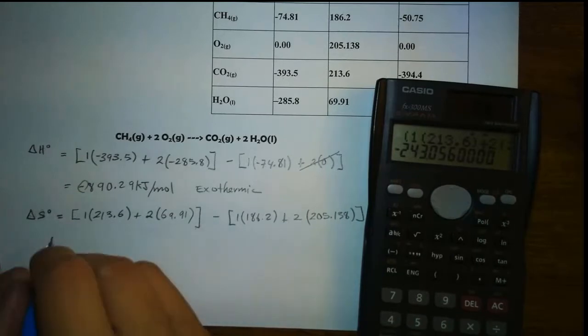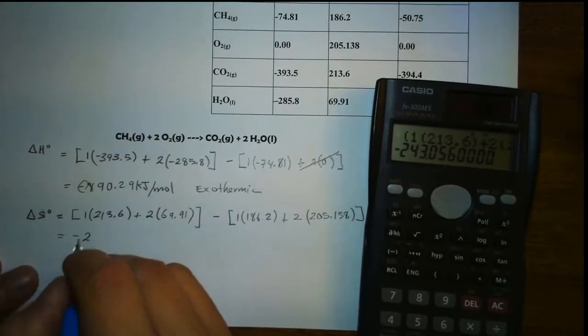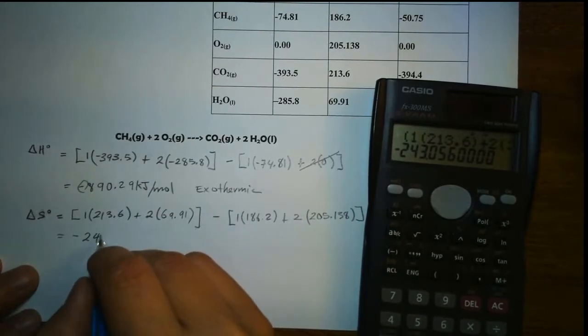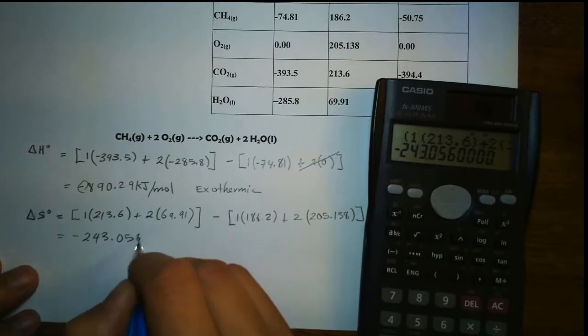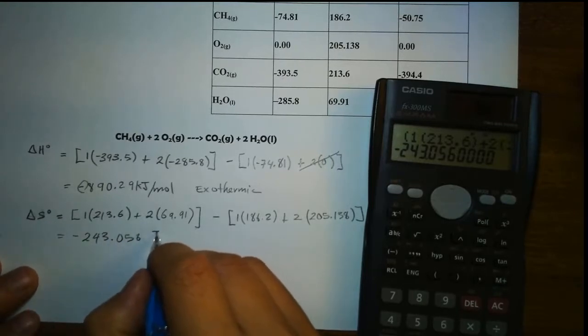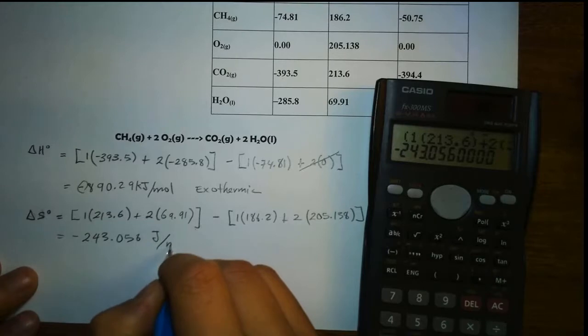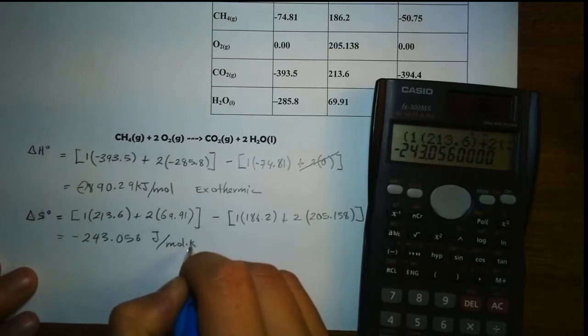And the answer is negative 243.056. And what's the unit? Of course, it is joule over mole times Kelvin.